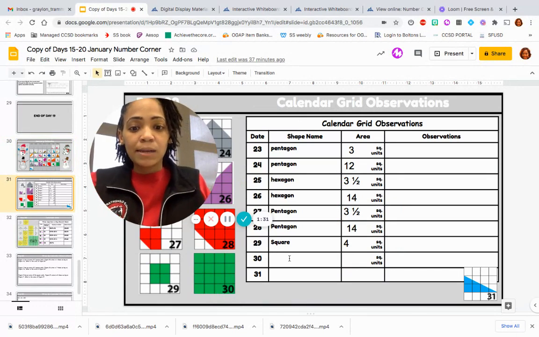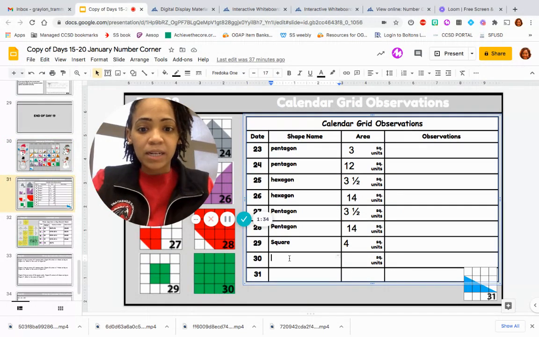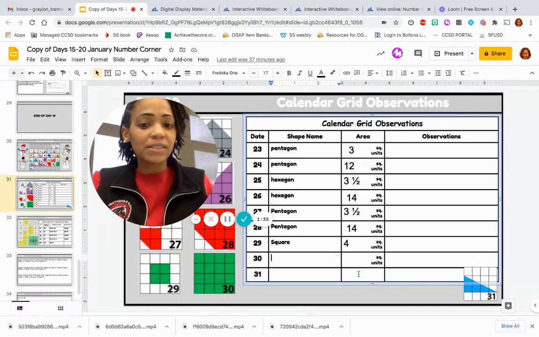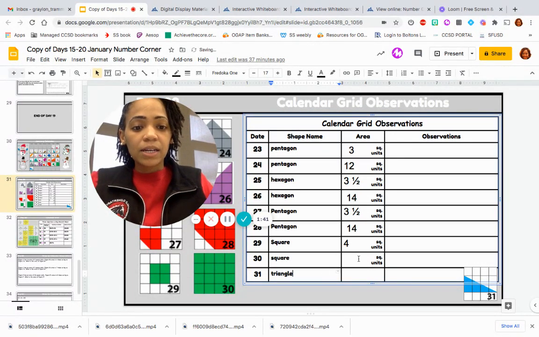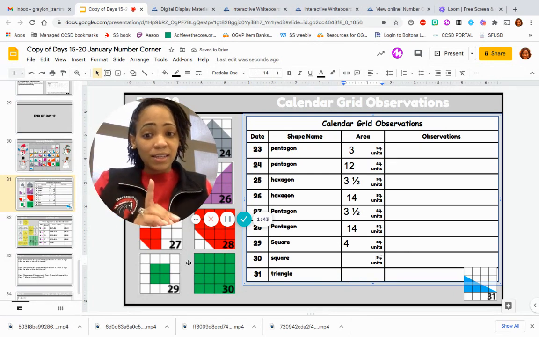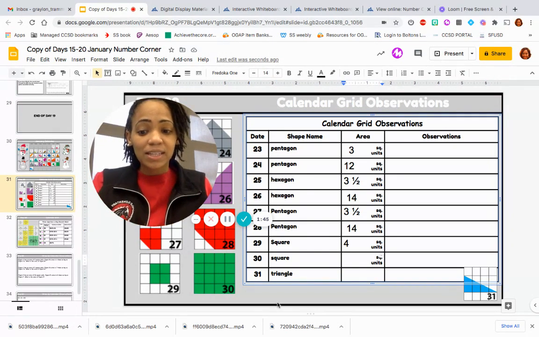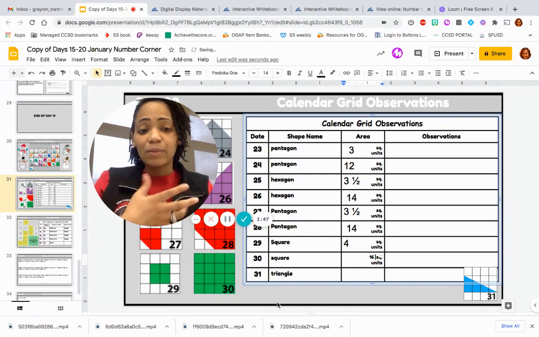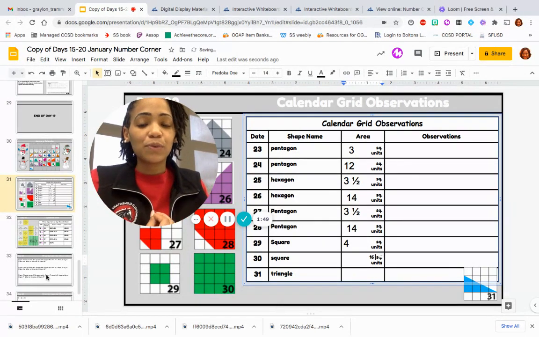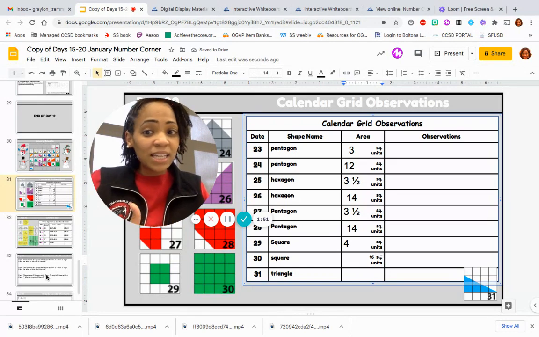So we have a square today, and we would have a square tomorrow, and then a triangle, okay? And our square for today is 4 square units, and then the square for tomorrow, Saturday, would be 16, because our pattern is times 4. And that is the big idea this month.